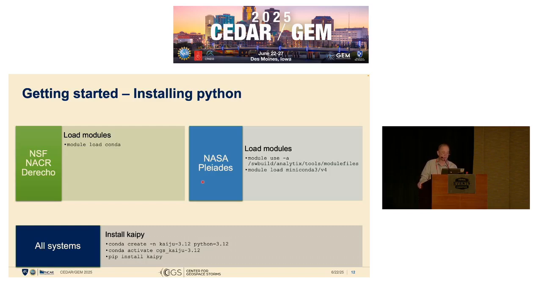KaiPy is the Python tools that I'm going to talk a lot more about at the end of the session, but it is available via PyPI, and at some point we'll do a conda module for it, but we just didn't have time to get it there, and the pip install works pretty well for us going forward. So a fairly straightforward first step in the process is to get a conda environment and then get the KaiPy package installed.